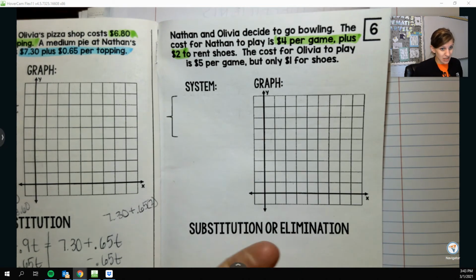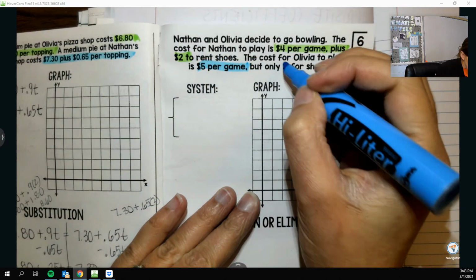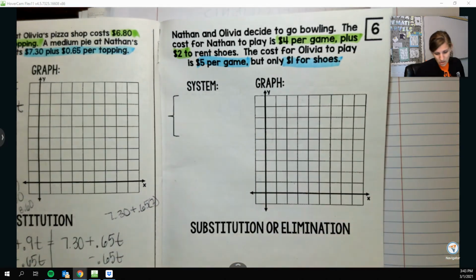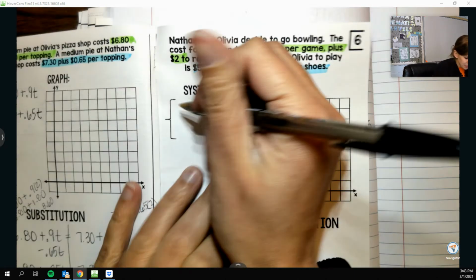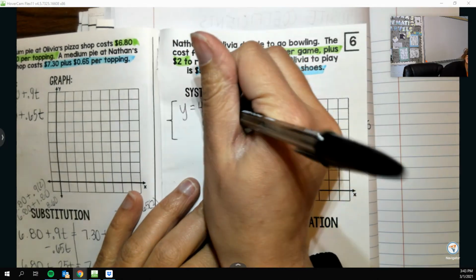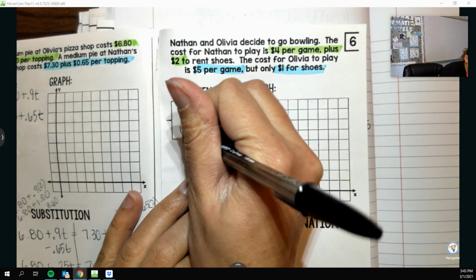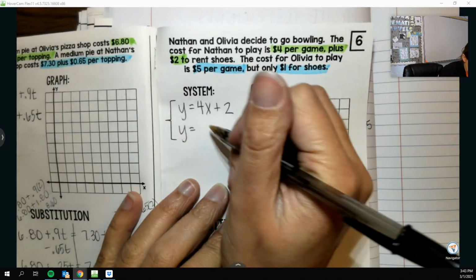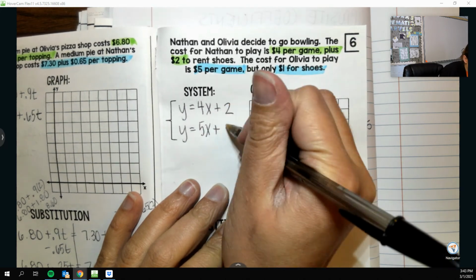But for Olivia, I guess for girls it's different. For her to play, it's $5 per game, but only $1 for the shoes. So I think y equals mx plus b again. For the first one, it's $4 per game plus $2 to rent the shoes. For Olivia, it's $5 per game, but only $1 for the shoes.